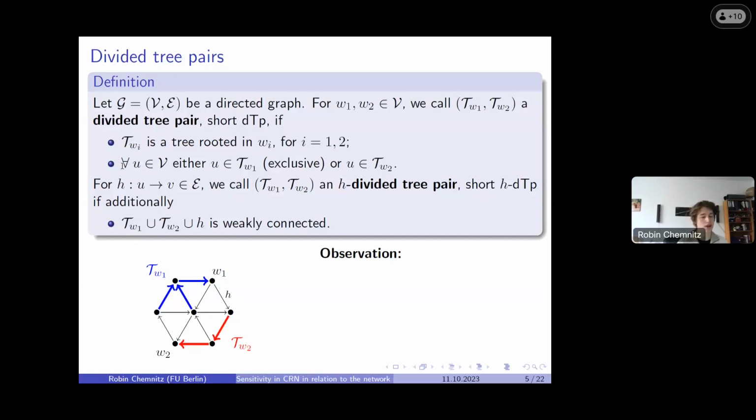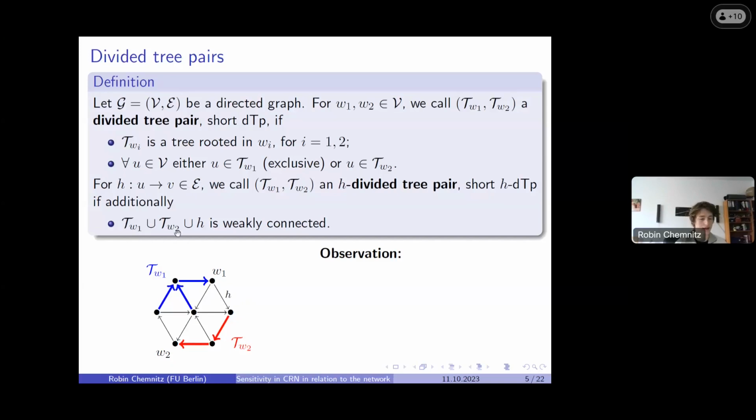And with an additional condition, we can say what an H divided tree pair is. H is an edge in the graph. We call TW1, TW2 an H divided tree pair, or HDTP, if this edge H connects the two trees.